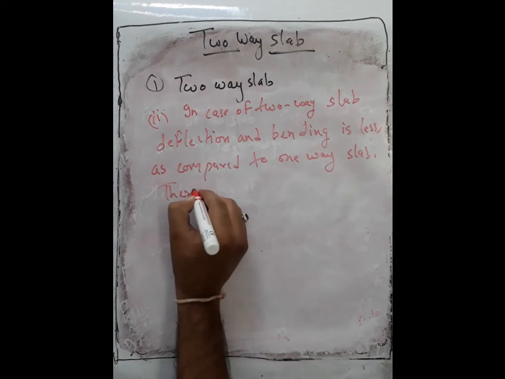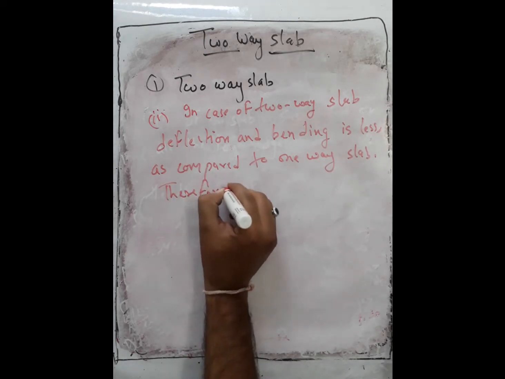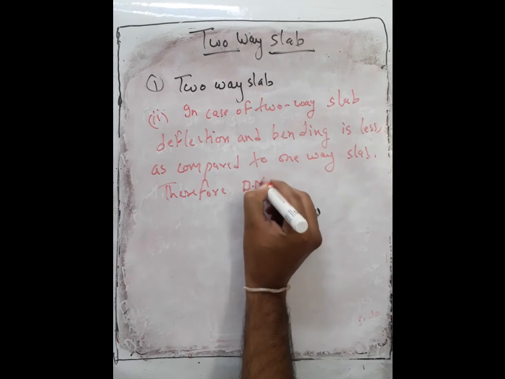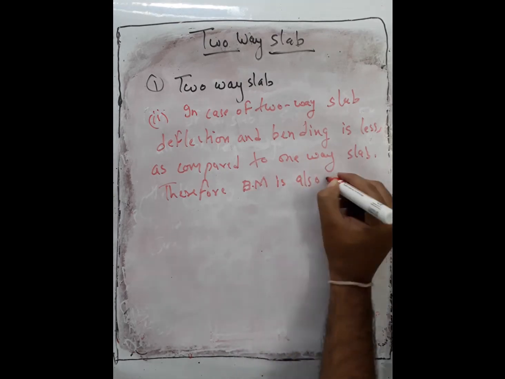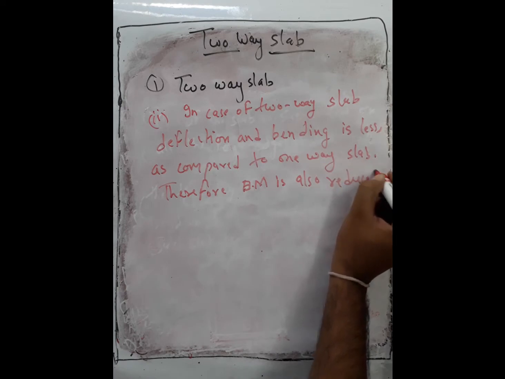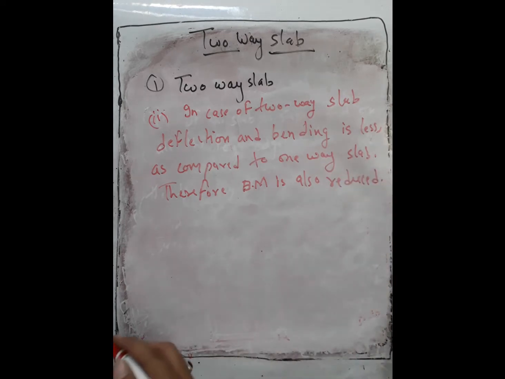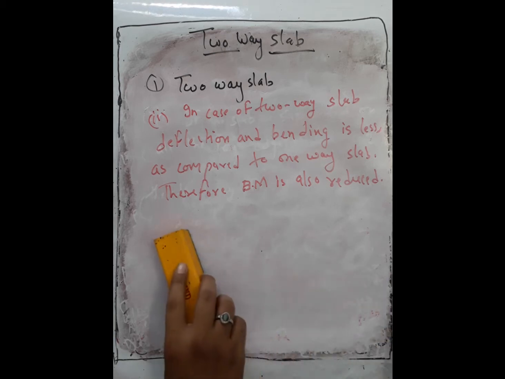Therefore, bending moment is also reduced. Because in two-way slab we supported all 4 edges, that's why here deflection and bending is less, therefore bending moment is also reduced in case of two-way slab. Okay, so this is the first point which is over.